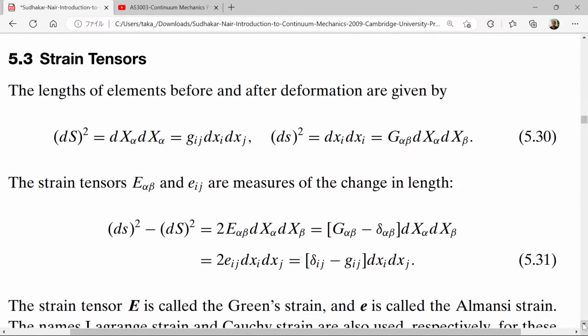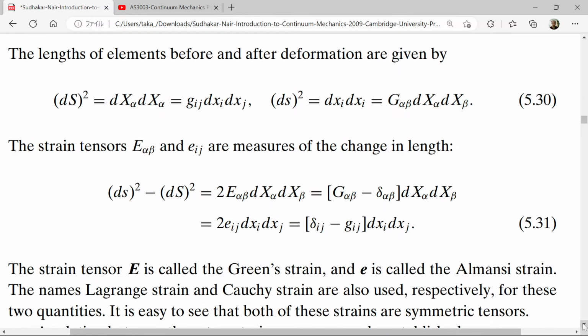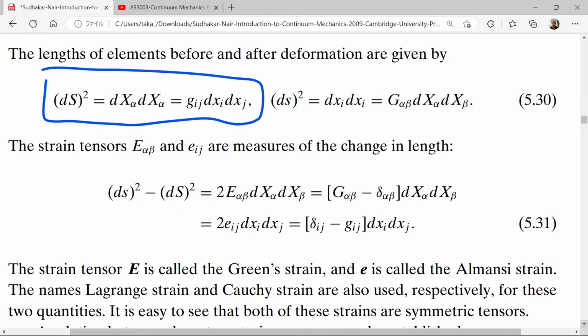Then we go to strain tensors. The lengths of the element before and after deformation are given by this. Before deformation, we have this. After deformation, we have this. It's very interesting. The strain tensors E alpha beta and small e ij are a measure of the change in length.